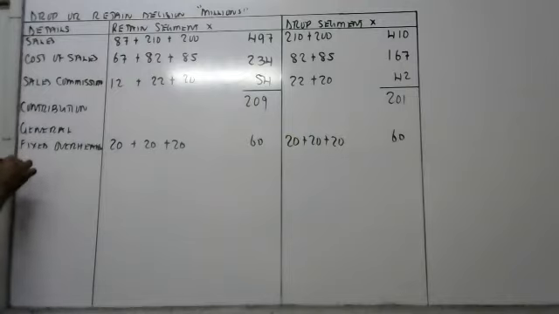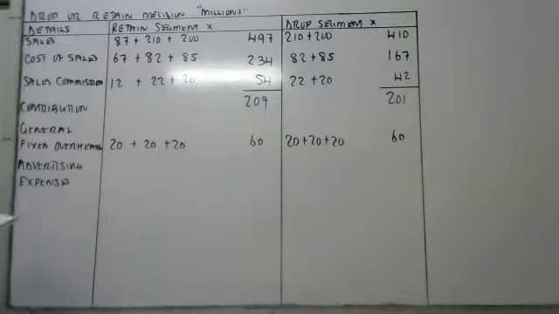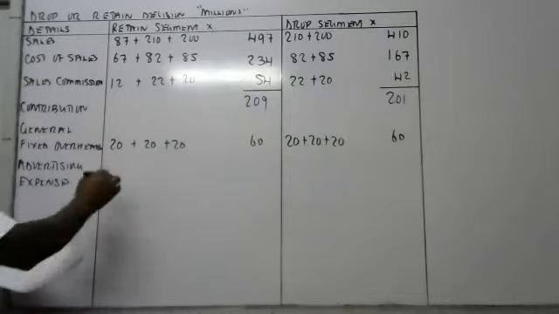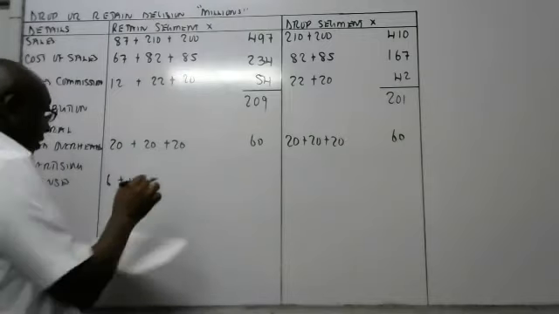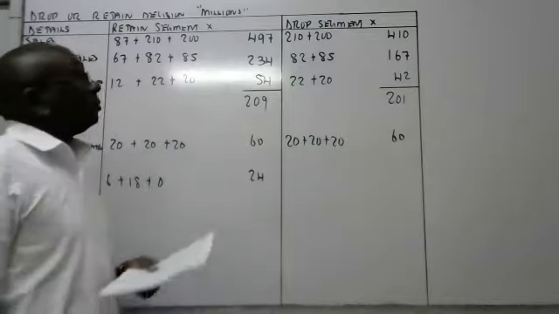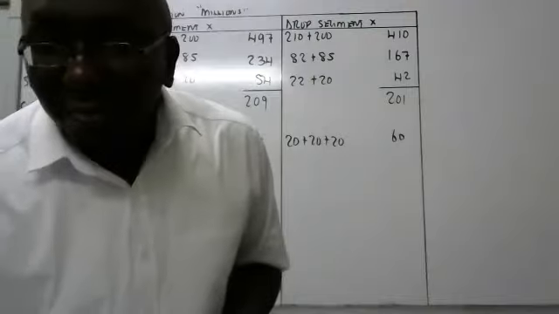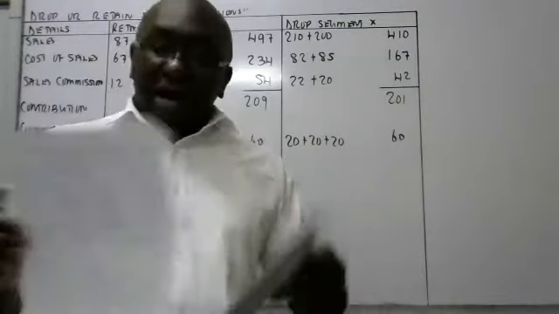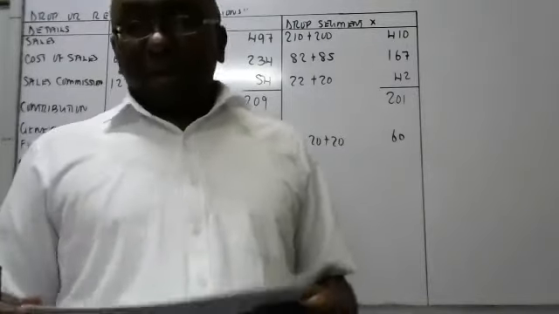Then we have the advertising expenses. Now, advertising expenses, we have 6 plus 18. So if we retain, that is plus 0 here, that will be 24. But if you happen to drop, Maureen, we are in the paper of November 2020, question 4B.